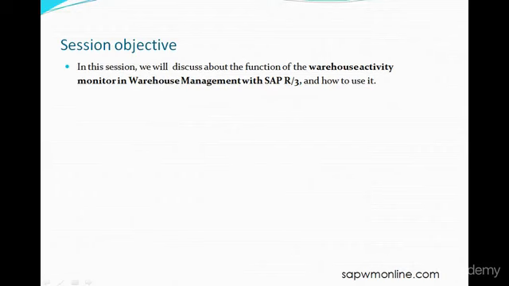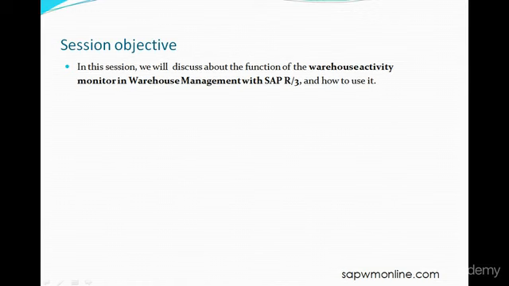To understand what a Warehouse Activity Monitor is: as we know, in a warehouse there are several transactions being carried out at any given point in time. There could be transfer orders, transfer requirements, post change notices, and so on.